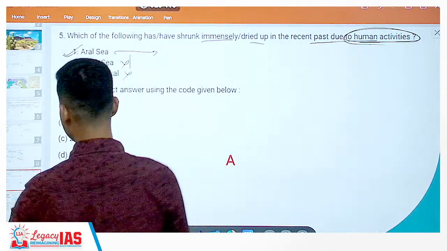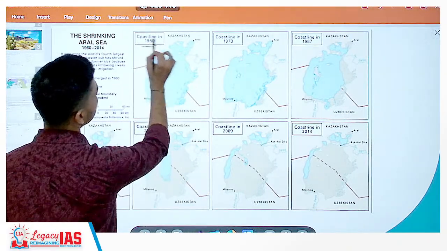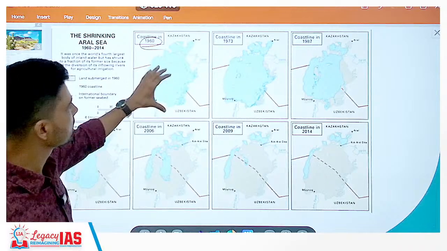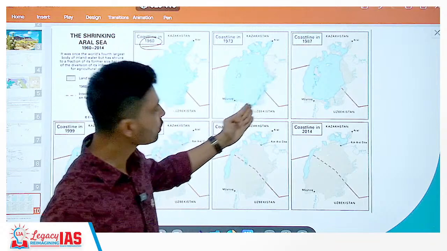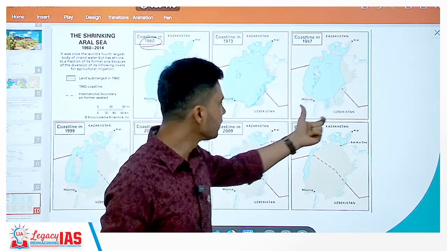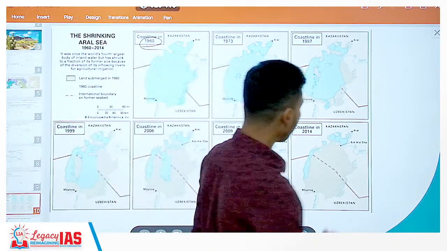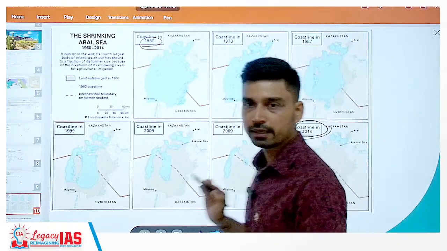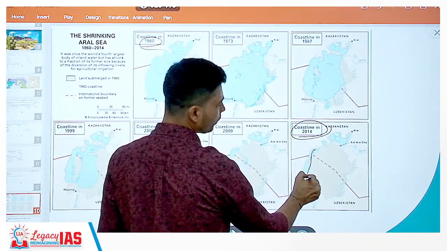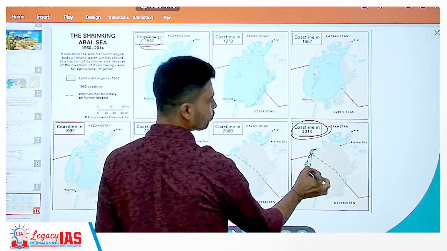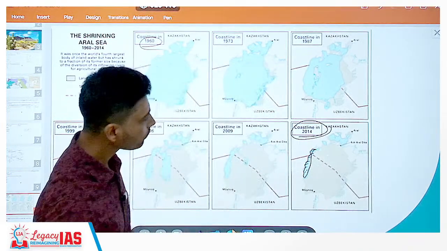If you take a look at the map here, in 1960 this is the size of the Aral Sea, and from the 1970s the drying began. First the eastern coast started to dry up, then gradually the southern coast, and the drying continued. Finally, in the picture taken in 2014, only a small part, the western part of the Aral Sea, remains today. The remaining area has completely dried up.